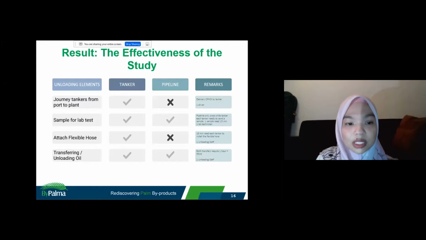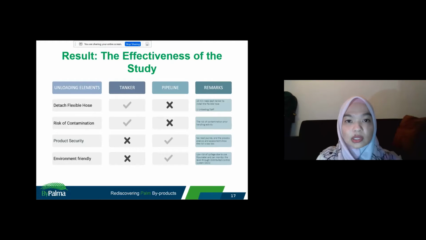The operational side, in terms of attaching the hose to the tanker and directly performing the oil flow, is not needed for the pipeline. For the transferring job, we can say manpower can be reduced. Also, detaching the flexible hose is no longer needed in the operational job.